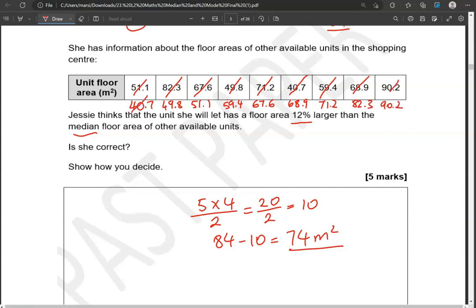Crossing out one each side to find the middle one, or ones. There is 1 in the middle, because we have 9 units in total, which is an odd number of them. So 67.6 square meters.